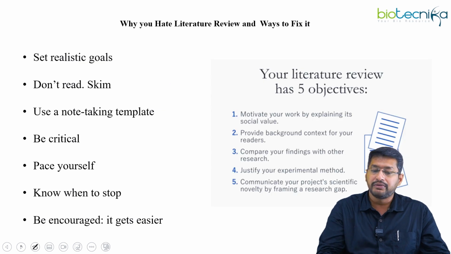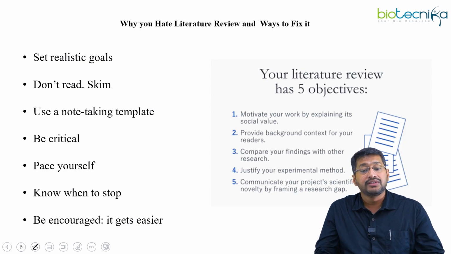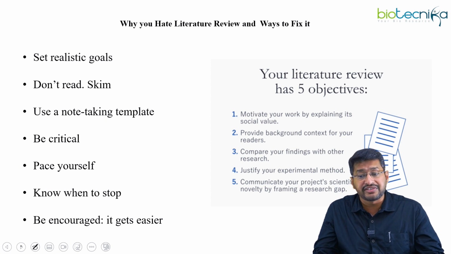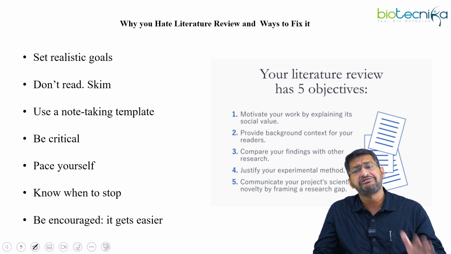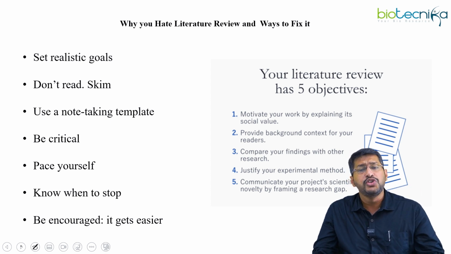Once I have started to write a review, how do I refix the way I write? How do I revive the way I write? There are a few very important objectives. I would say there are 5 important objectives which you need to keep in mind when you are writing a review of literature.